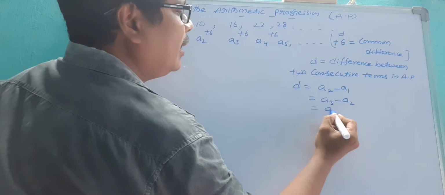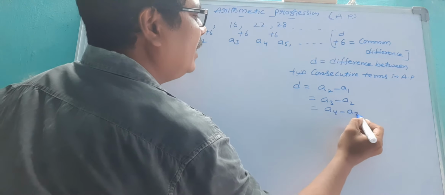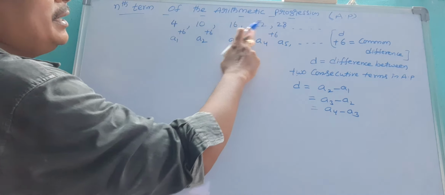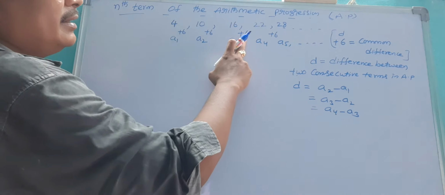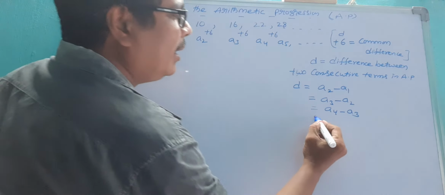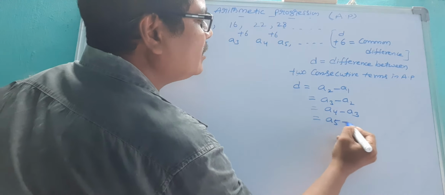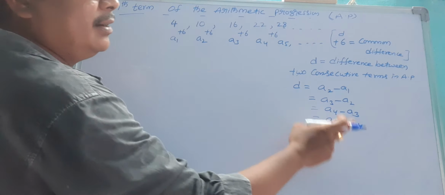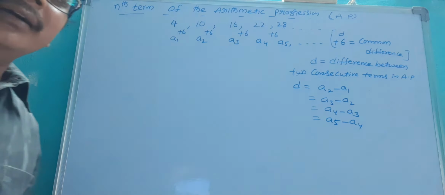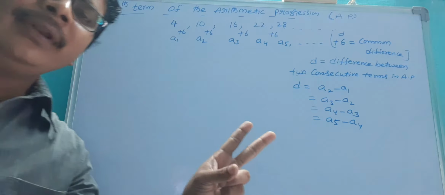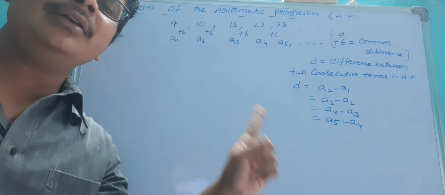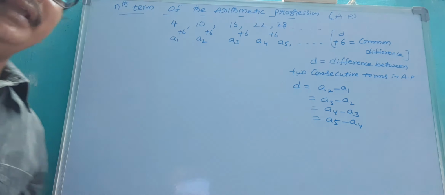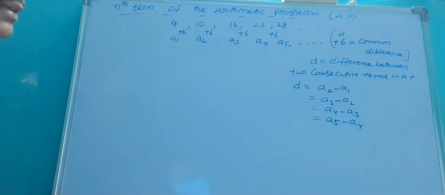Next, A4 minus A3, so 22 minus 16 equals 6. And A5 minus A4, so 28 minus 22 equals 6. So here D means the difference between two consecutive terms in AP. That is called D.